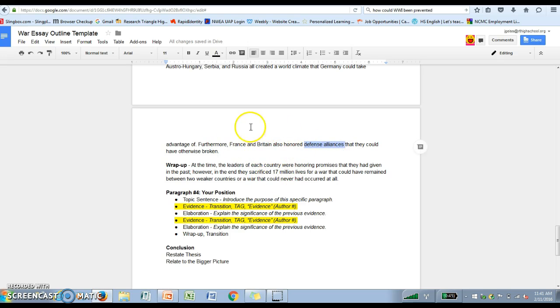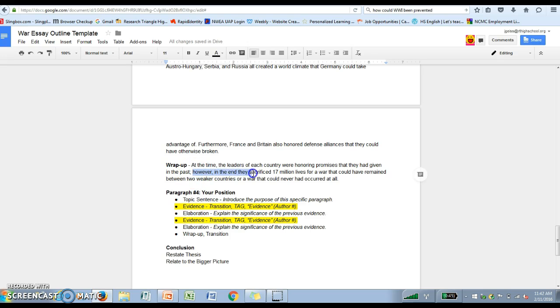We can see that we're going from the elaboration and flowing into the wrap-up, one idea going naturally into the next in a logical order. Then, also, after summarizing the position that this paragraph showed, that countries were honoring their promises, we then start transitioning into our next paragraph.